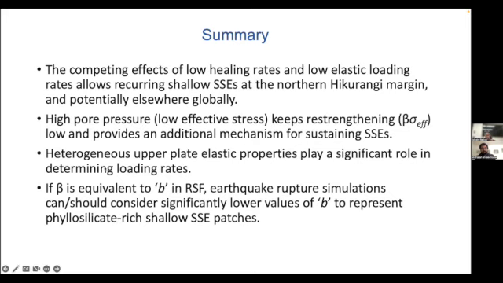And if we consider this beta term, the healing rate term, to be equivalent to the B term in rate and state friction, earthquake rupture simulations, importantly, should probably consider significantly lower values of B to represent the phyllosilicate-rich, clay-rich shallow SSE patches that may be prominent in shallow plate interfaces everywhere.